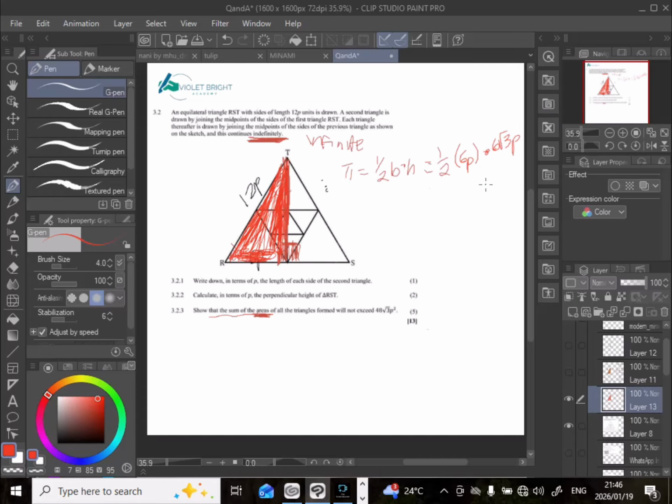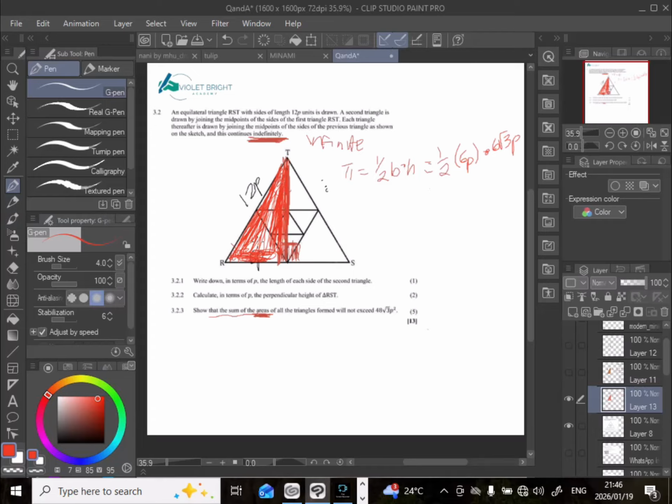That's the first step, and now the second step. Remember, these triangles are all equilateral triangles, which means each second triangle is half of that triangle, half of that, and so forth.